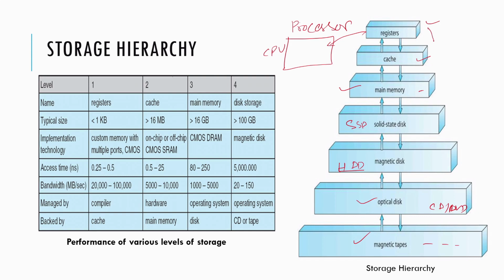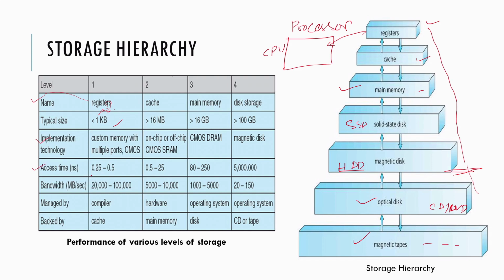If we go from the top to the bottom, the access speed is decreasing, and the storage space is increasing. Here you will see the increase in storage capacity. Registers can store less than 1 KB as typical size, and the implementation technology is CMOS.